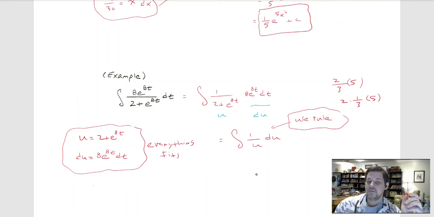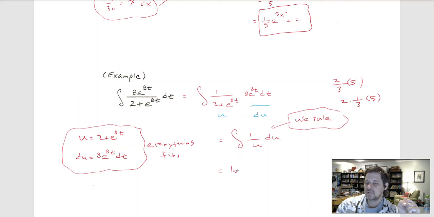We choose our substitution in a way that if we took the derivative of what we choose as substitution, it would be the other unchosen part, except possibly with the constant being different. Here the constant's the same and we don't have to worry about that. So what's our rule say about the antiderivative of 1 over u du?